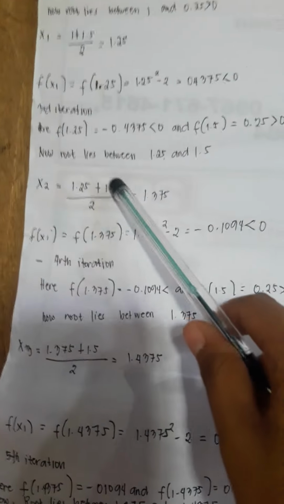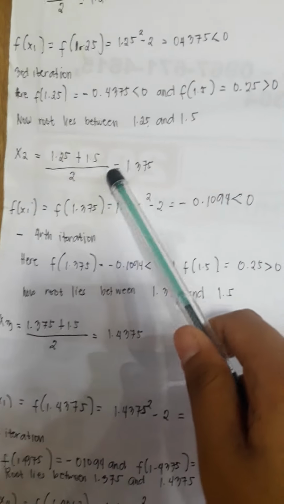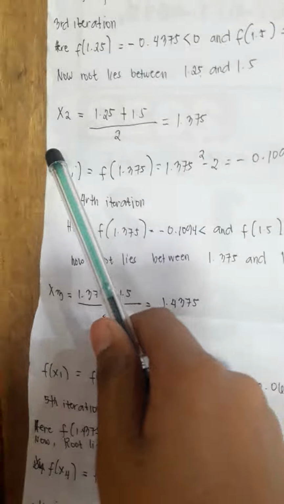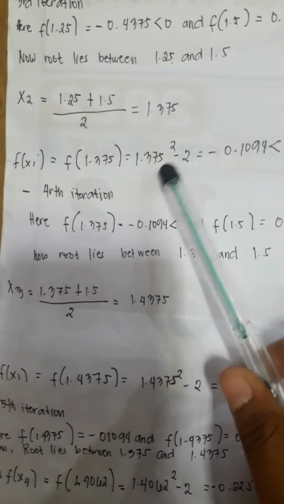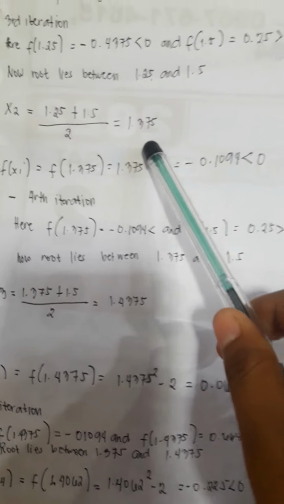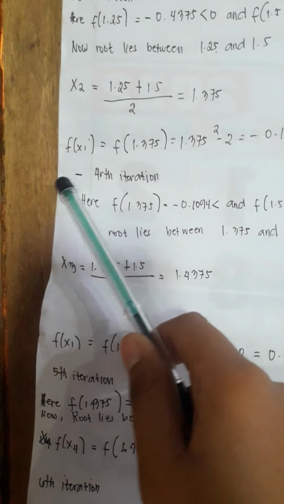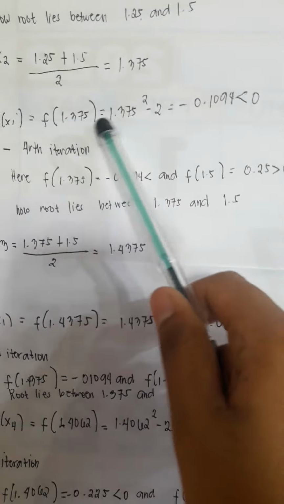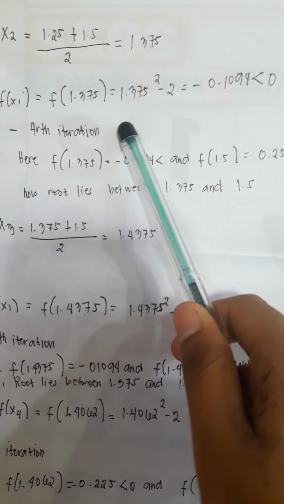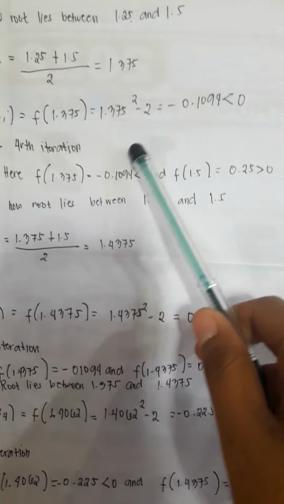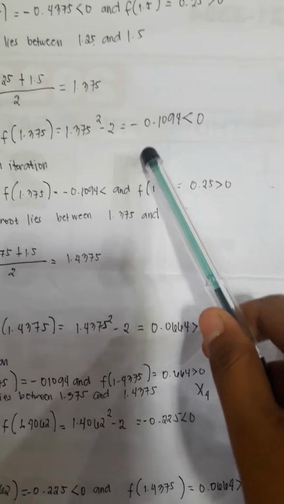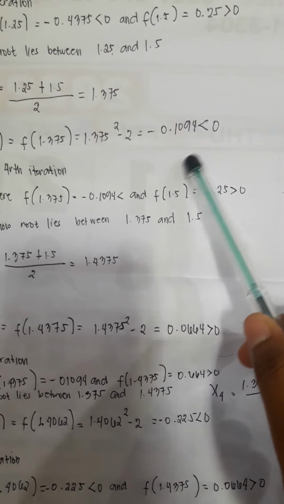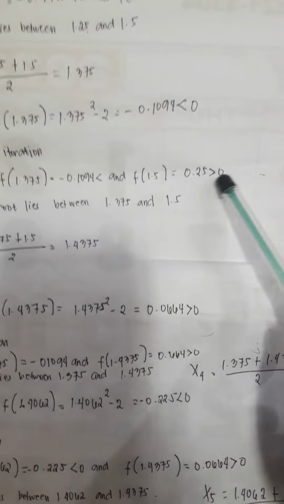x3 equals (1.25 plus 1.5) over 2 equals 1.375. f of x3 equals f of 1.375 equals 1.375 squared minus 2 equals negative 0.1094, which is less than 0.